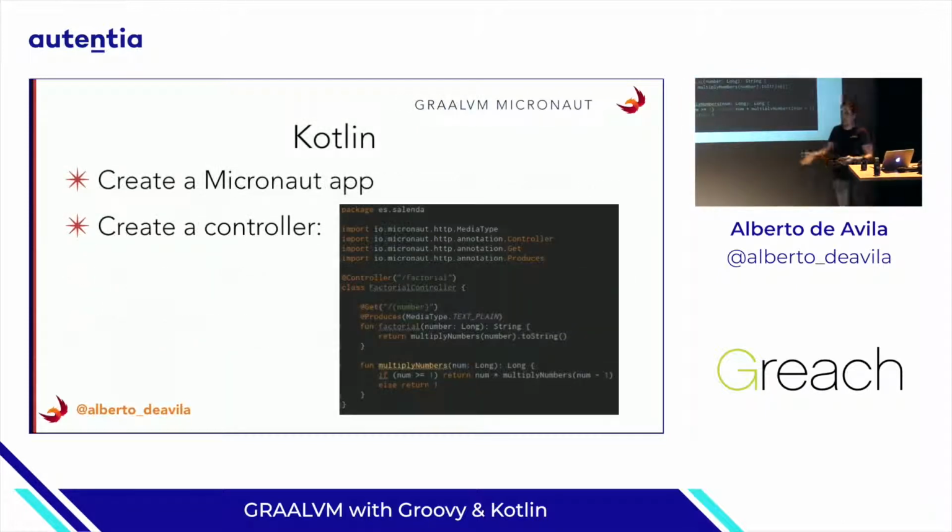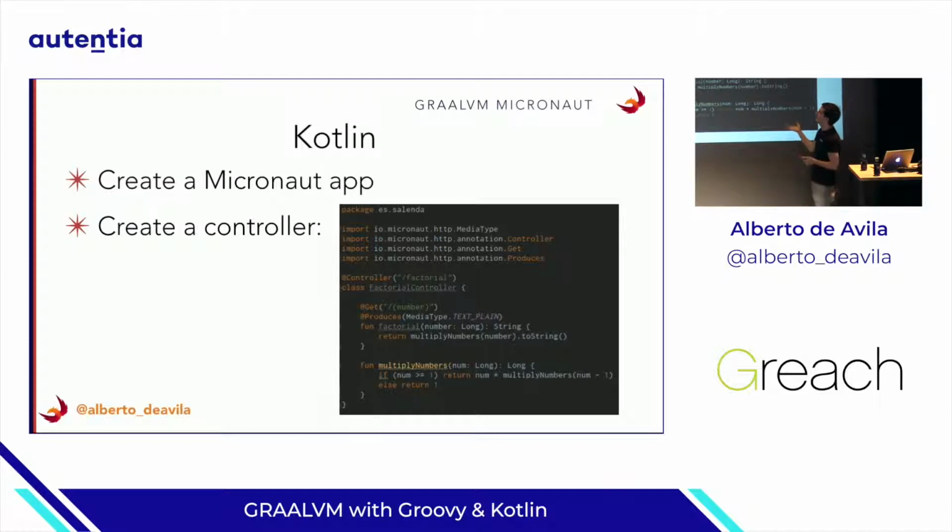Let's see a real example. First of all, you have to create the Micronaut application, specifying two things: the native image profile and the Kotlin profile in this case.